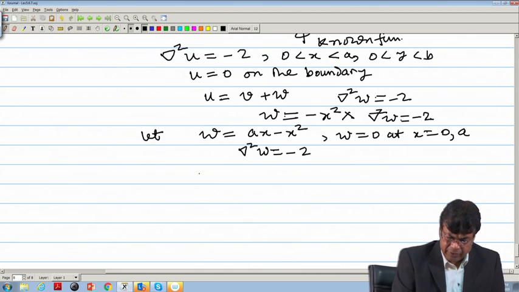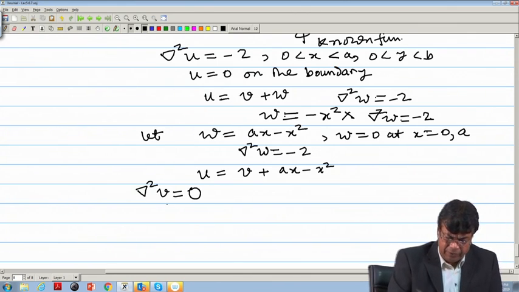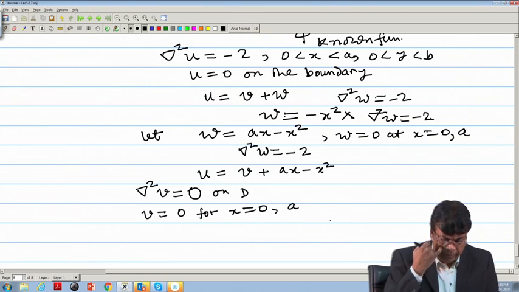So, now our u equal to v plus ax minus x squared, and this v now satisfies all the conditions: del squared v equal to 0 in domain D, and v equal to 0 for x equal to 0 and a in the entire domain of y.